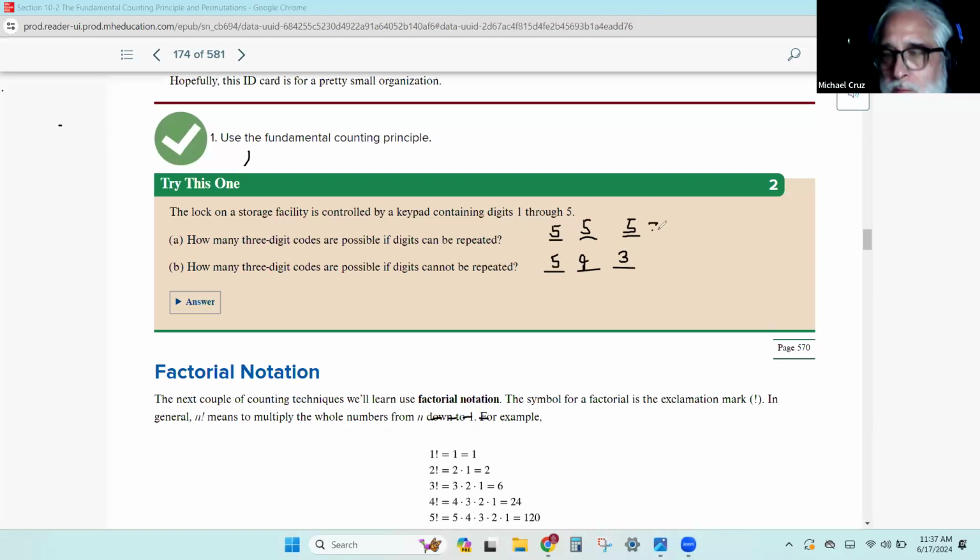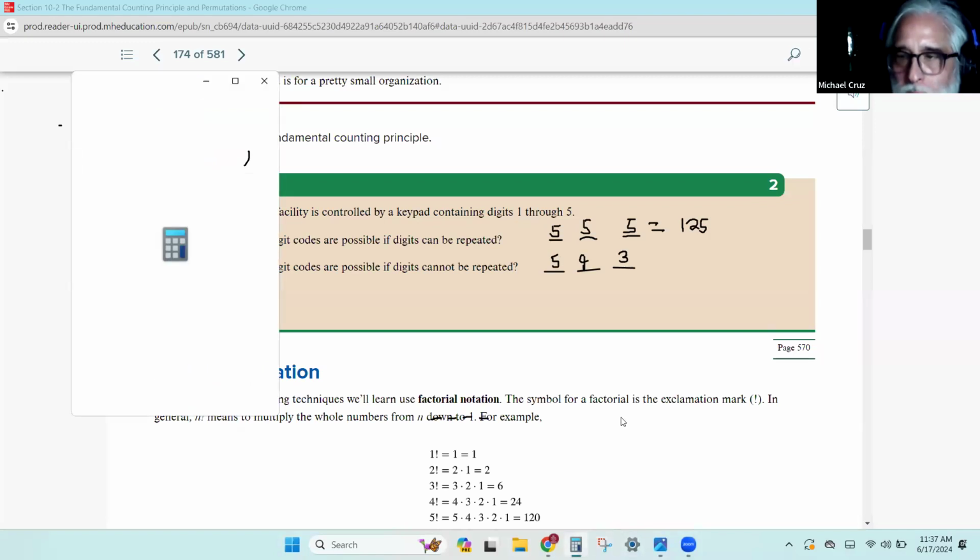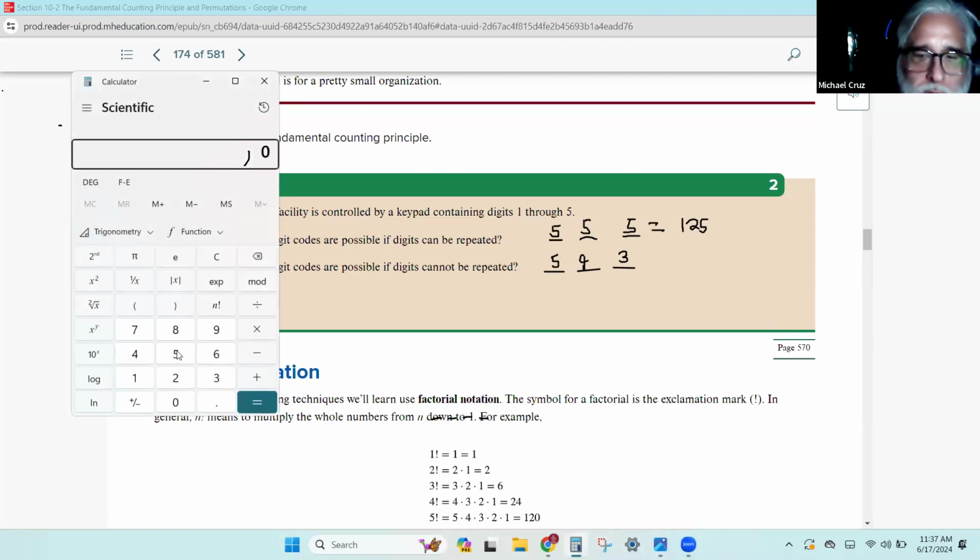So for this one, 125 different. And then this one, 60, I believe. 5 times 4 times 3. Yep.